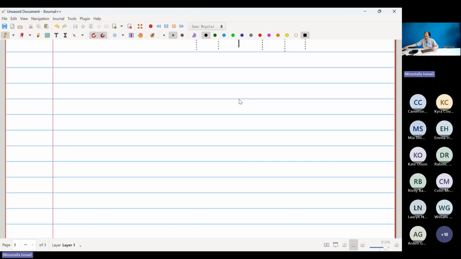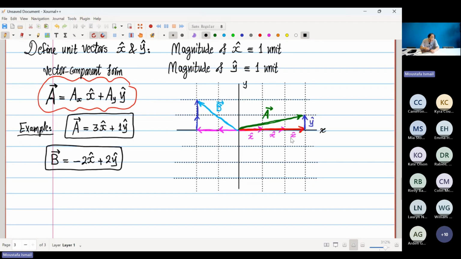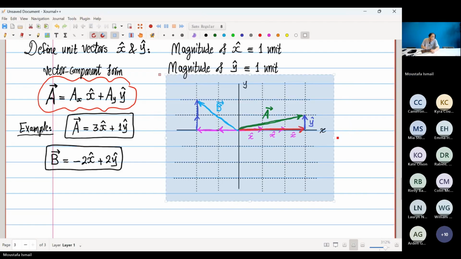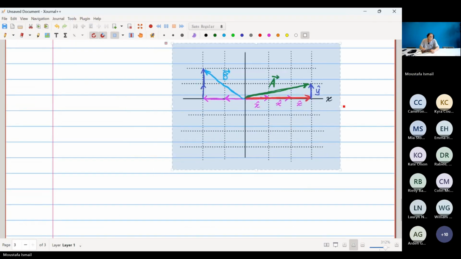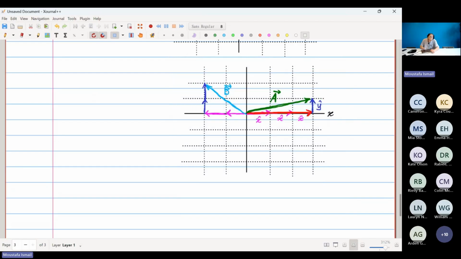Okay, so we were saying that we want to get the magnitude and angle form of the vector. So let's again have a general vector here. Let me copy this grid instead of doing it over and over. And let's say I have a general vector. Let me erase these vectors.